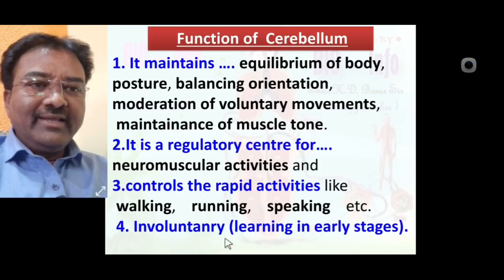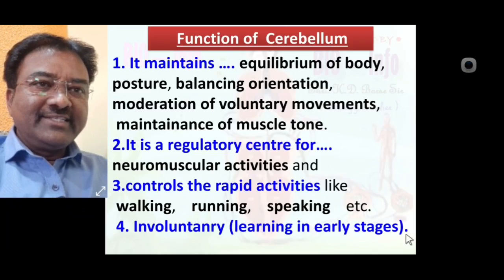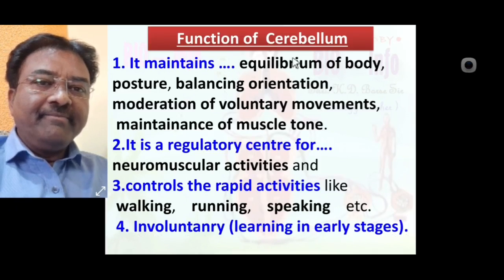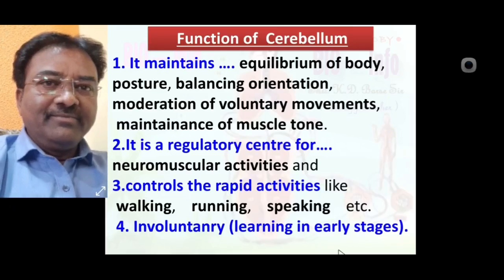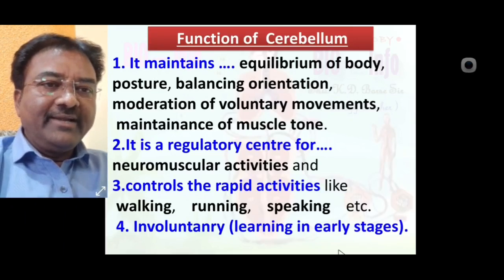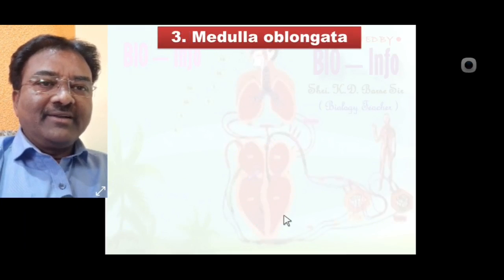Involuntary learning in early stage is also maintained by cerebellum. Here noted all these different functions of cerebellum. Up to this we discussed in detail cerebellum, one of the most important parts of the hindbrain. Now we learn the third part of hindbrain known as medulla oblongata.